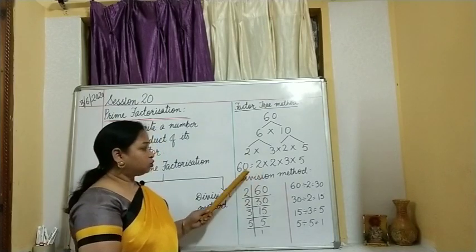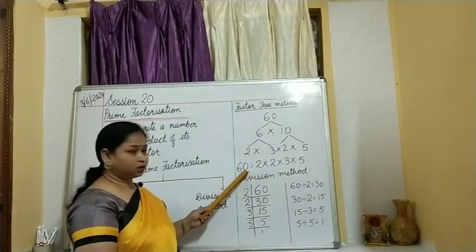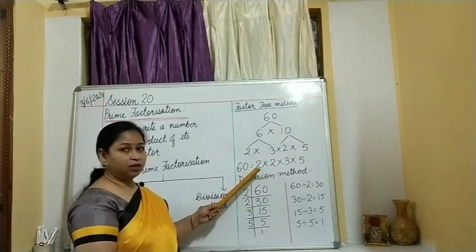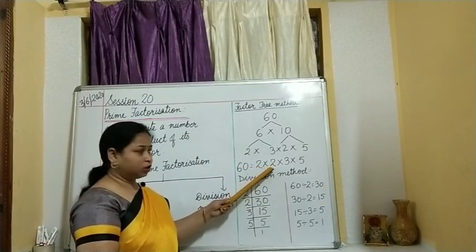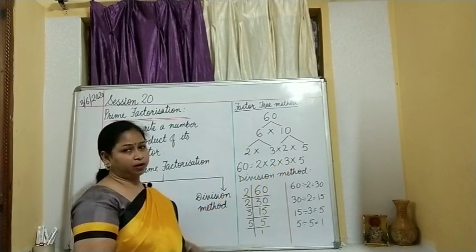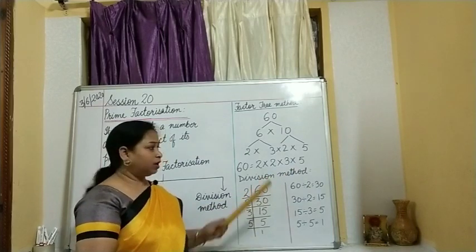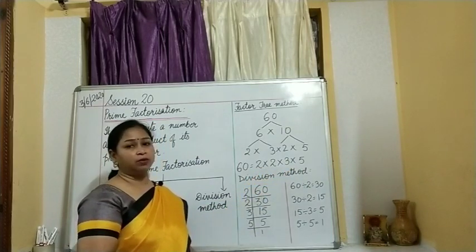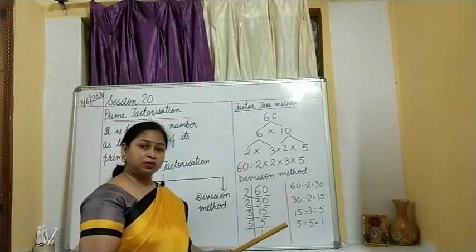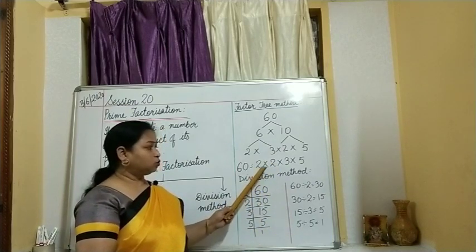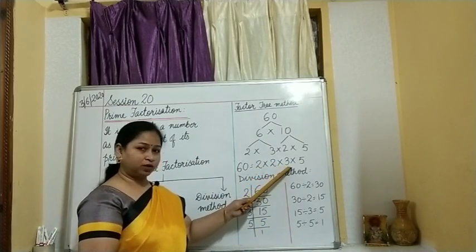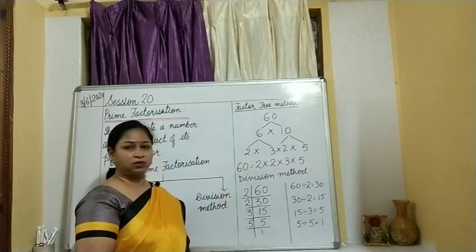Yes. So what are the prime factors now? 60 will be 2 multiplied 2 multiplied 3 multiplied 5. Let us check. If we multiply these numbers, are we going to get 60? Okay. 2 2s are 4, 4 3s are 12, 12 5s are 60.